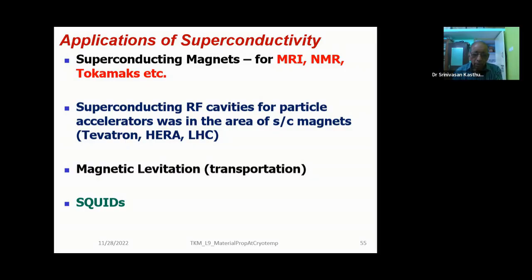If possible, I'll try to show you the video today. There are other applications like superconducting quantum interference devices, SQUIDs. SQUIDs are very useful for measurement of magnetic fields of extremely small values.